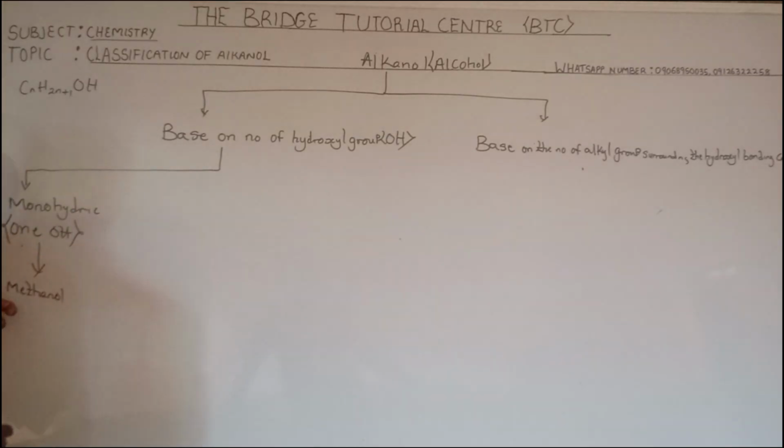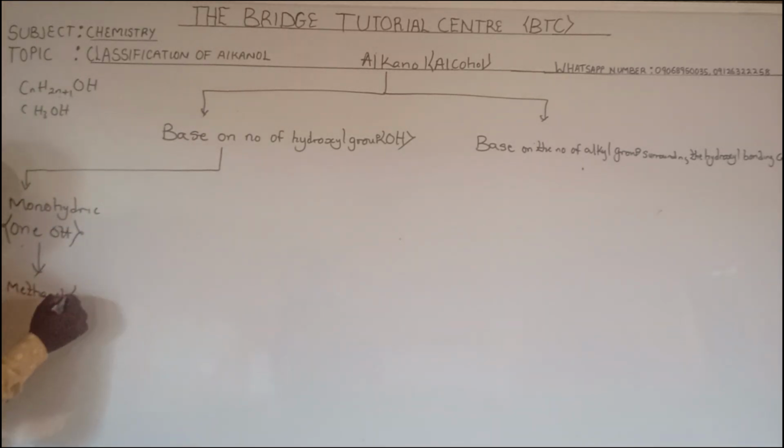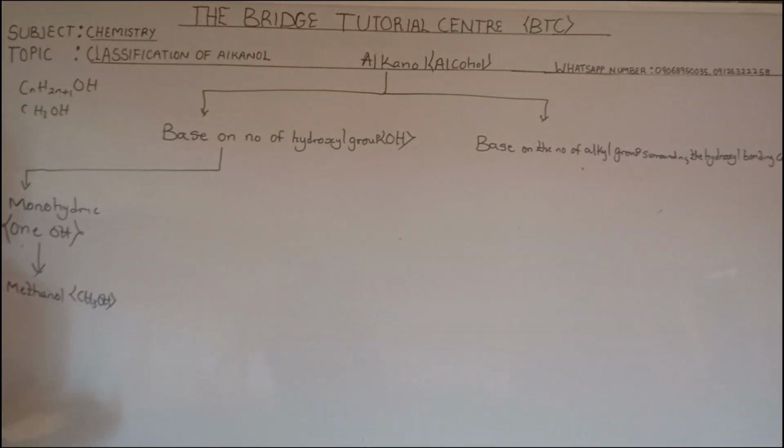As you can see, the n for methanol is 1. So we are going to have C1. H, we have 2 multiplied by 1, 2 plus 1, 3. So we have H3 and OH. So you remove the 1, we don't put 1 there. So we are going to have CH3OH. So that is the first example. As you can see, in this methanol there is only one hydroxyl group.